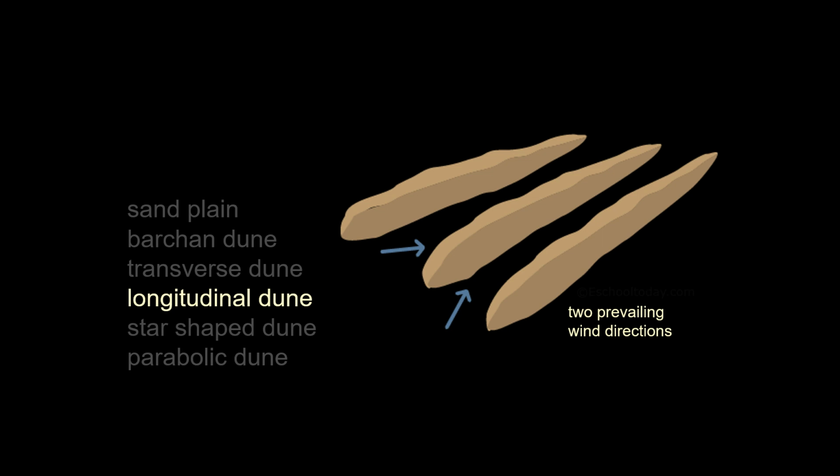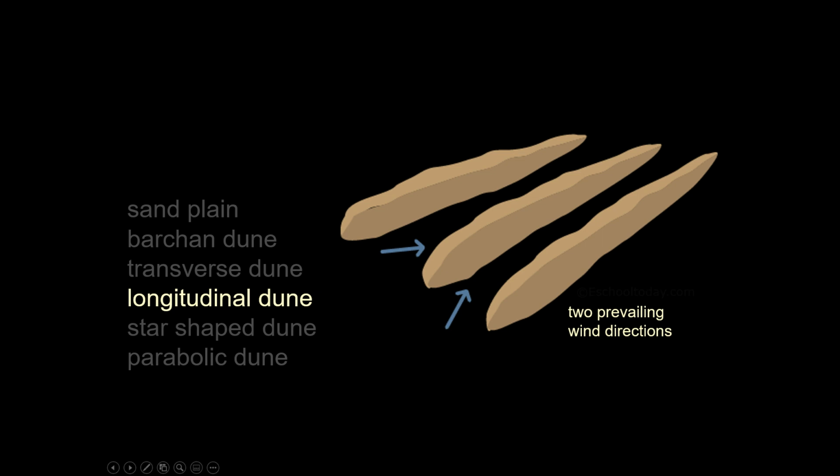The longitudinal dune has two prevailing wind directions. So here you see these elongated dunes. These dunes are sometimes called seif dunes, and that refers to a saber. It was an Arab word for a long sword. But we have two prevailing wind directions. For some of the season the wind may be blowing from, let's say, the southeast, and another portion of the season it may be blowing from the southwest.